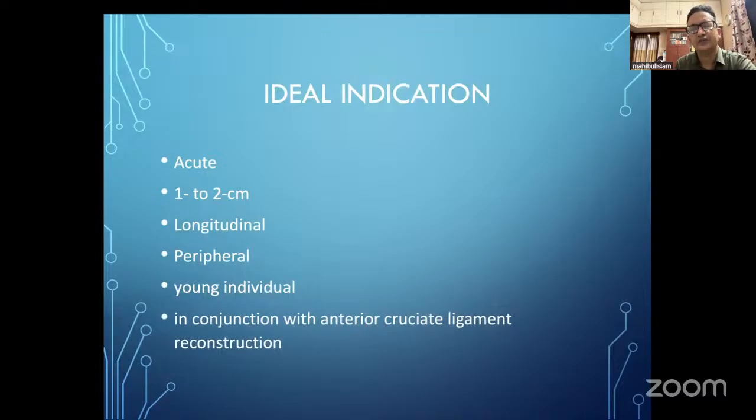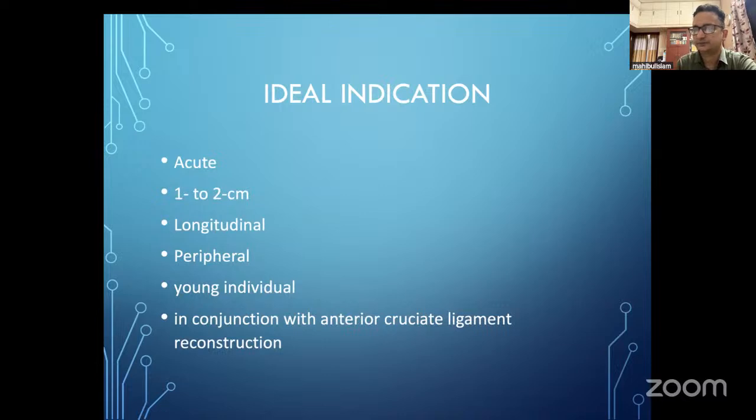The ideal scenario for meniscus repair includes an acute 1 to 2 centimeter long tear located peripherally in a young individual, especially when associated with anterior cruciate ligament reconstruction.